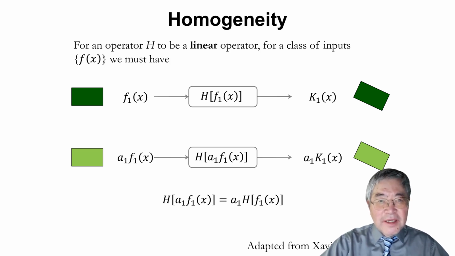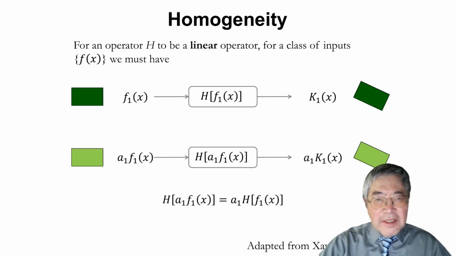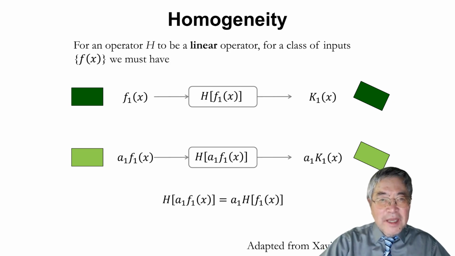More specifically, if two inputs are V1 and V2 giving output L of V1 and L of V2 respectively, then for a linearly combined input, alpha 1 times V1 plus alpha 2 times V2, we must have the output expressed as the sum of alpha 1 times L of V1 and alpha 2 times L of V2.